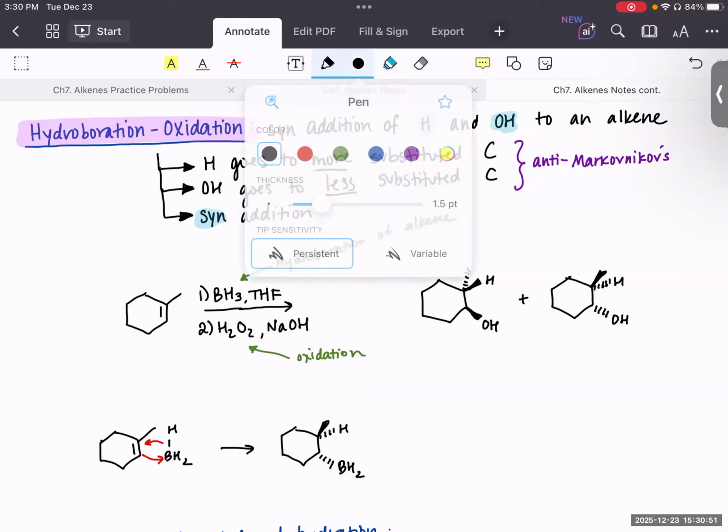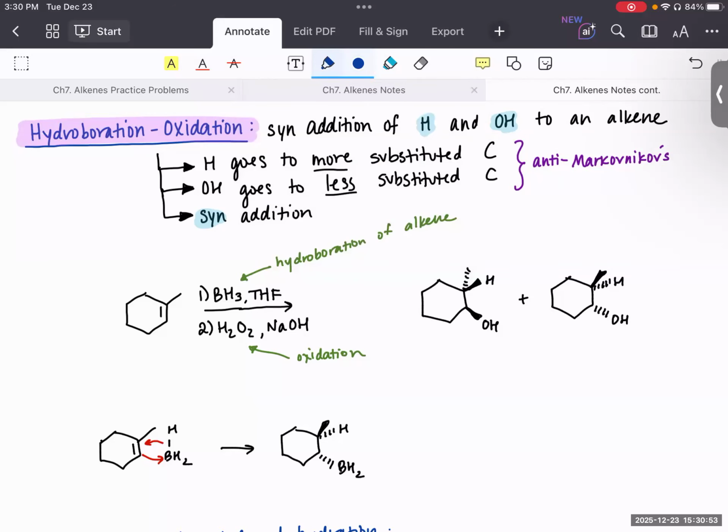And so the reason this has the selectivity that it does for the anti-Markovnikov's addition is because within the transition state, this carbon right here, that methyl group, helps stabilize the partial positive charge that forms in that transition state.